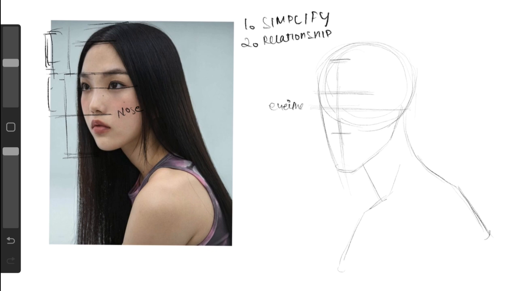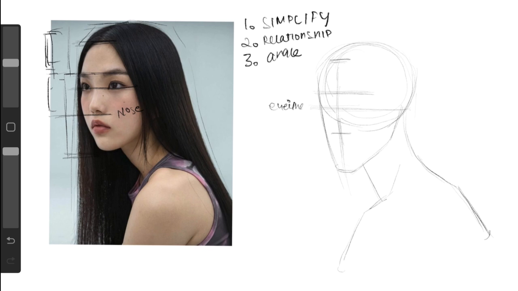Now, at the stage when I'm looking for relationships, I also like to add the third step, that is looking for angles, like where the eye is facing, in which angle. I think the angle is straight, and I will also look at the hair angle, in which direction the hair is angled. So I just involve this third step with the second step.